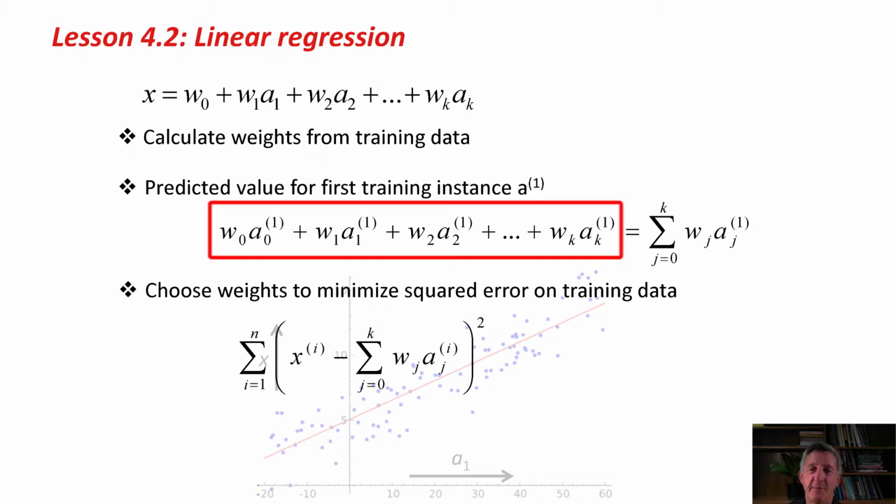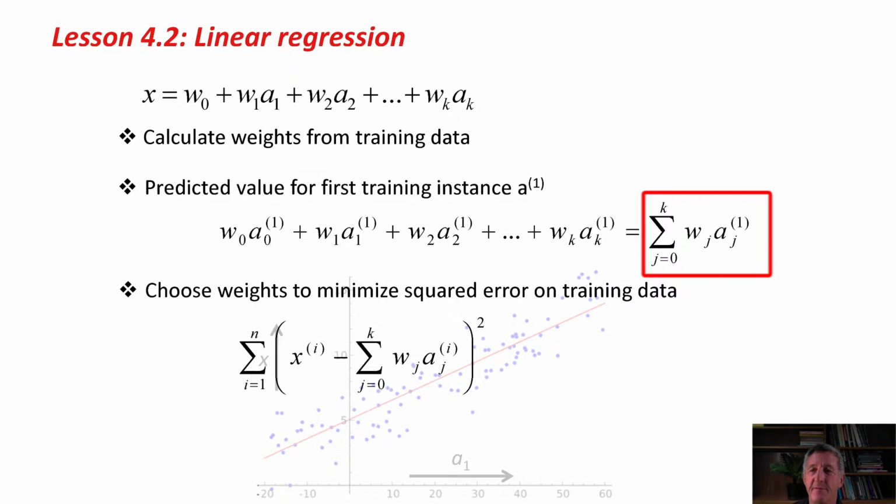I know it looks pretty scary, but it's actually not so scary. These W's are just numbers that we've calculated from the training data. And then these things here are the attribute values of the first training instance, A1. That's the 1 at the top here, means it's the first training instance. This kind of 1, 2, 3 means it's the first, second and third attribute. And we can write this in this neat little sum form here, which looks a little bit better.